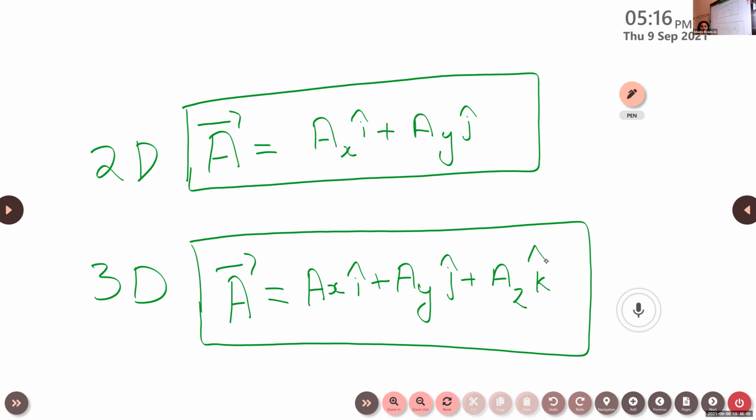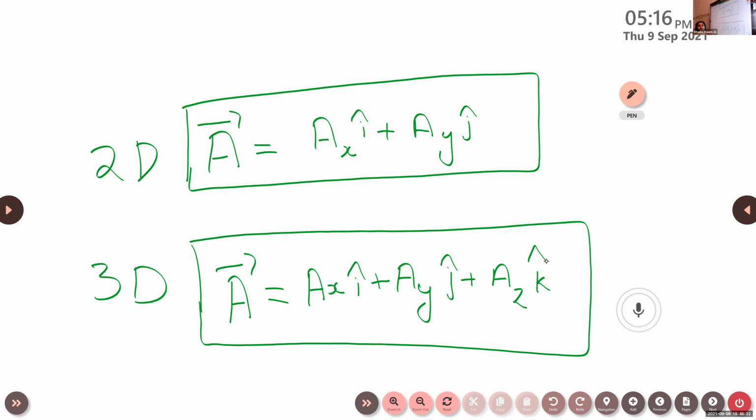We need only this equation. For that, we make all these complicated derivations. You only need to study these two equations. Vector A is equal to AX i cap plus AY j cap. This is the vector addition using component method in two dimension.